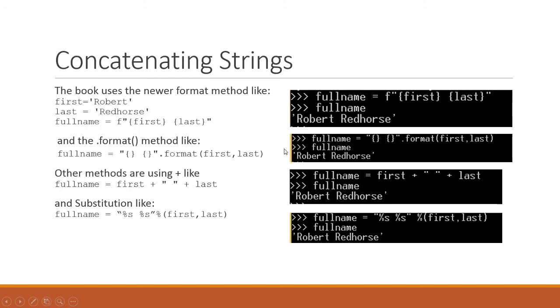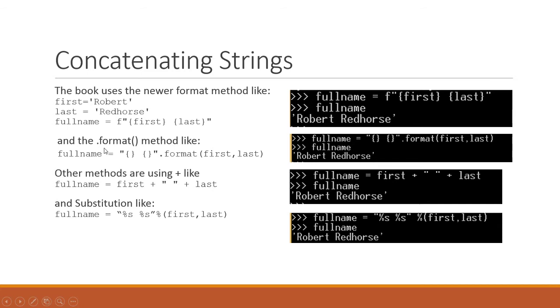Let's talk about concatenating. Basically, the book uses the newer format method with the f, and you put the f in front, put your brackets, and then put your variables inside the brackets. Again, there you have a space to give a space between the first variable and the second variable, and then again the second variable. They talked about the dot format method. Again, the f-string works with Python 3.6 and newer.